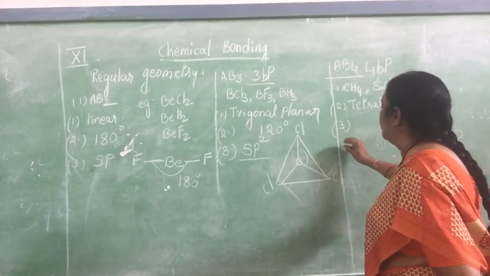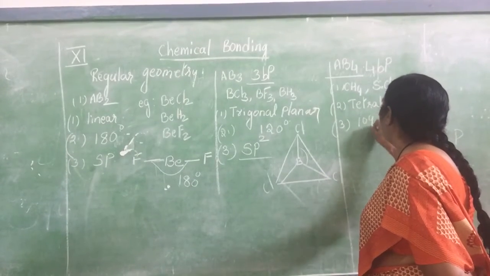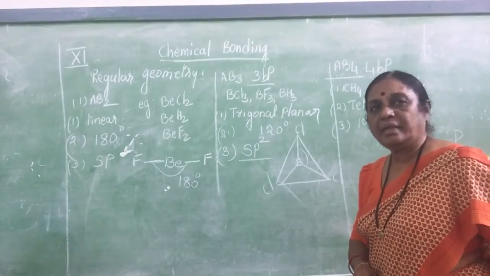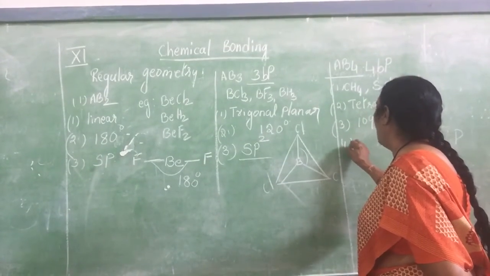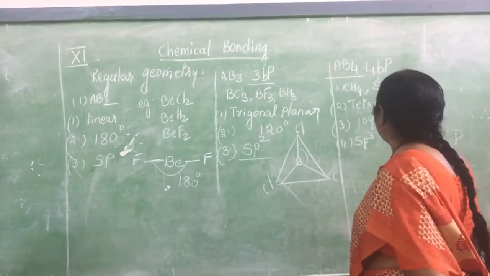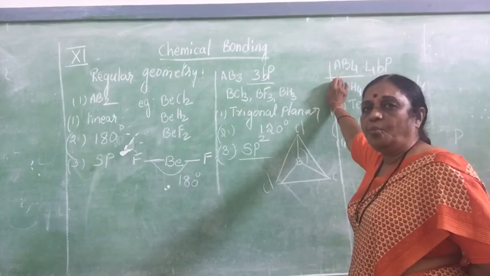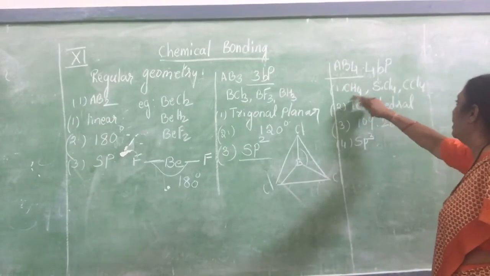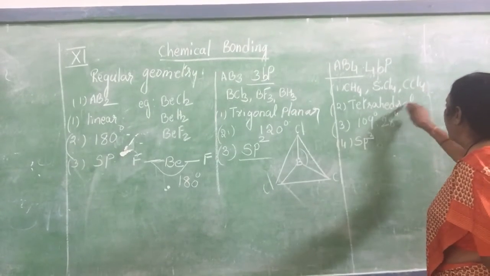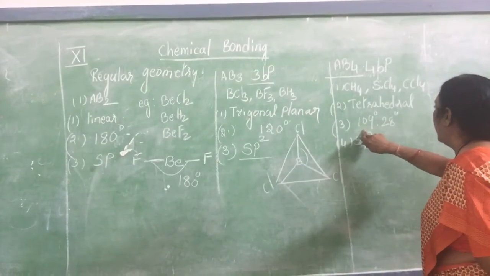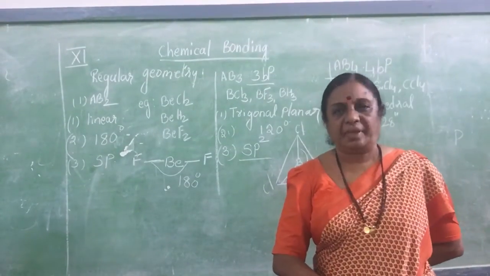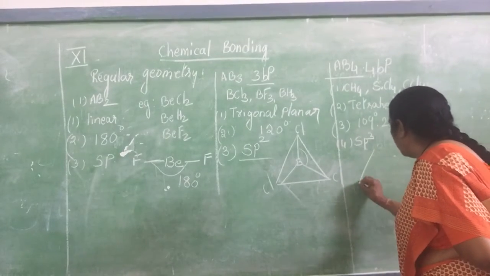Third point, bond angle 109 degrees 28 minutes. Fourth point, sp3. Clear, children? What are we doing? AB4, 4 bond pairs. Examples methane, SiCl4, CCl4. The shape is tetrahedral. Bond angle 109 degrees 28 minutes. Then hybridization is sp3.